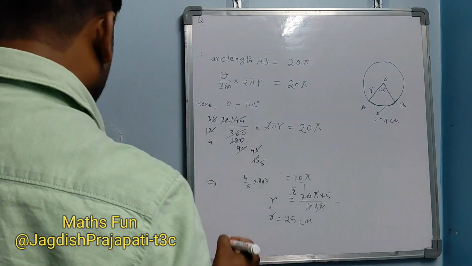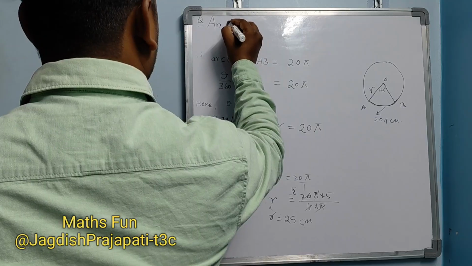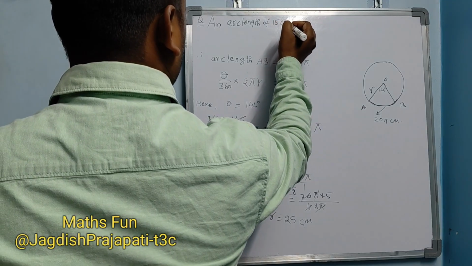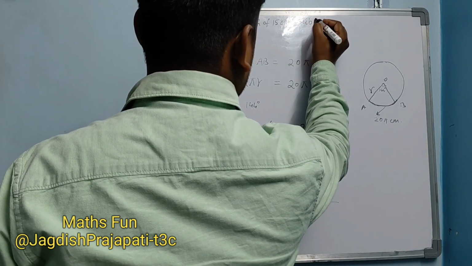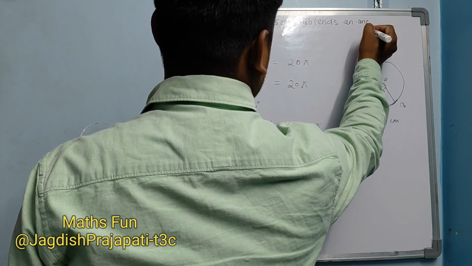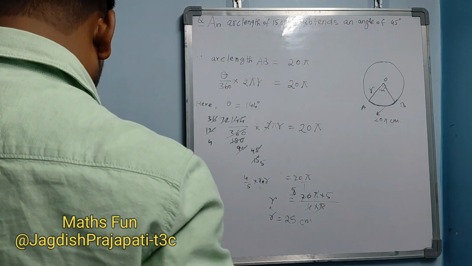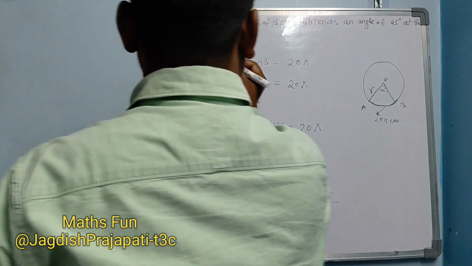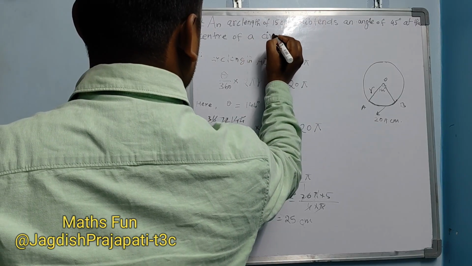An arc length of 15 centimeter subtends an angle of 45 degree at the center of a circle.